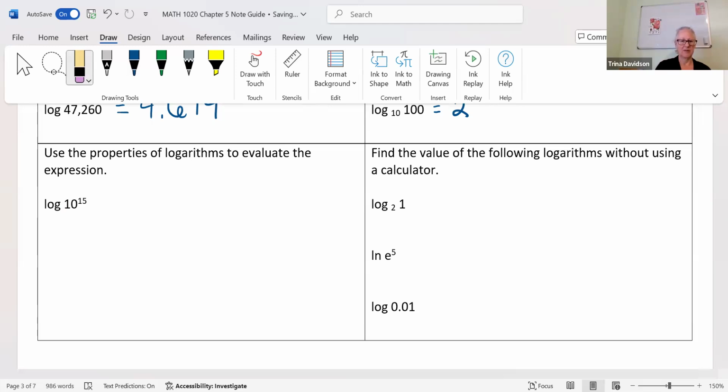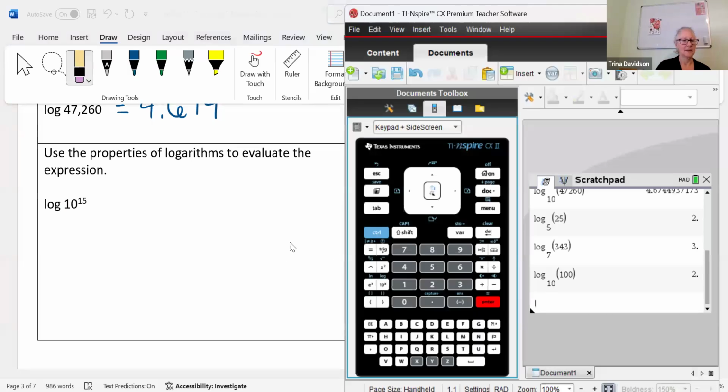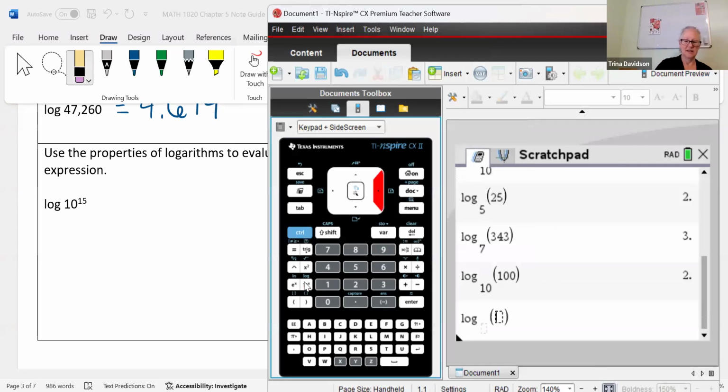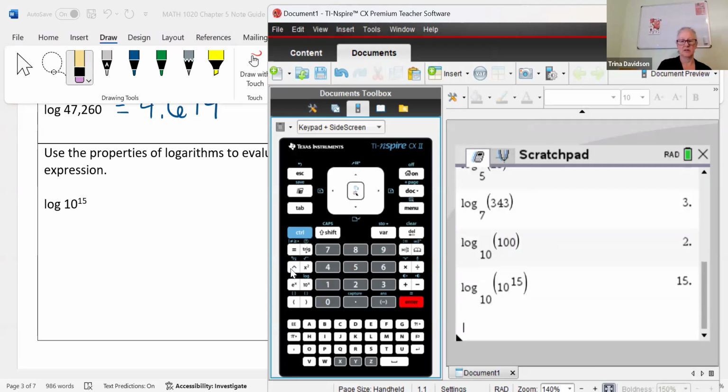So we're not going to go over all the properties of logarithms. There's quite a few. I think they're fun. But, all right, so we have a regular log that's 10 raised to the 15th power. It'll put that base in for you. That's fine. That's going to give you a 15.